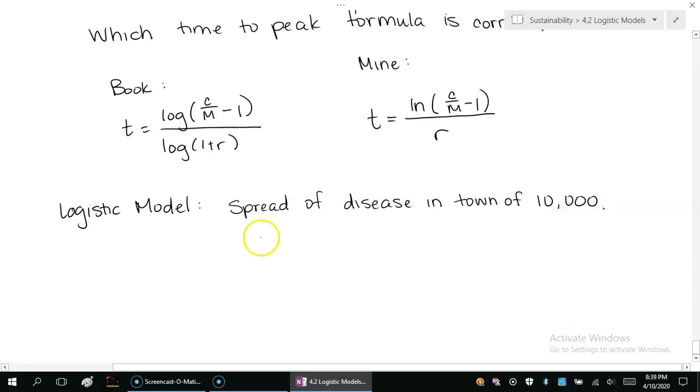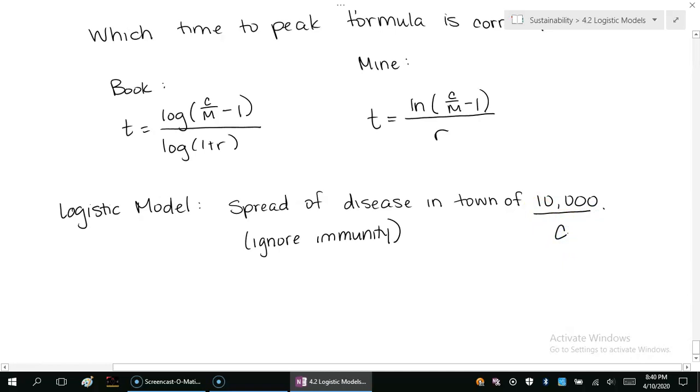And we are going to ignore the impact of immunity on this, which, depending upon the disease, can make quite a big difference. The reason we're going to ignore immunity and say that everyone in the population is susceptible to this disease is because I want to use that 10,000 as my carrying capacity.